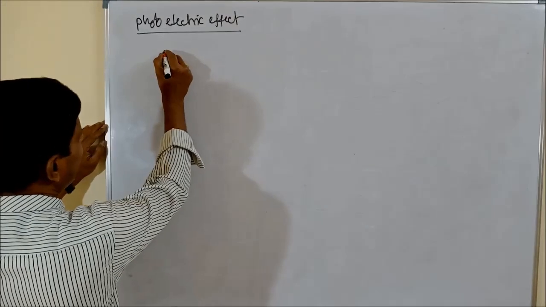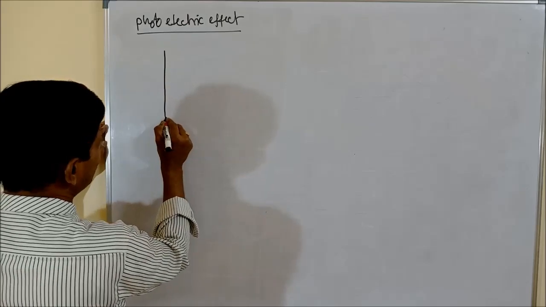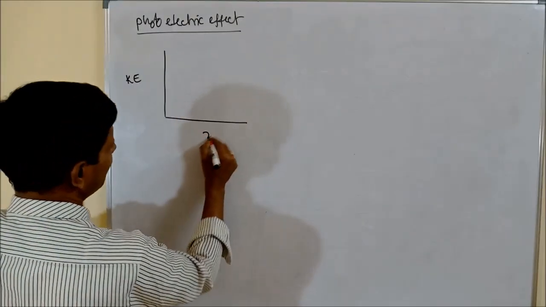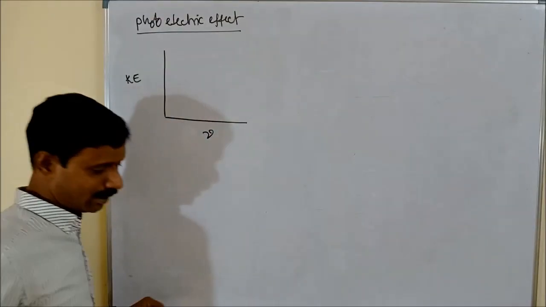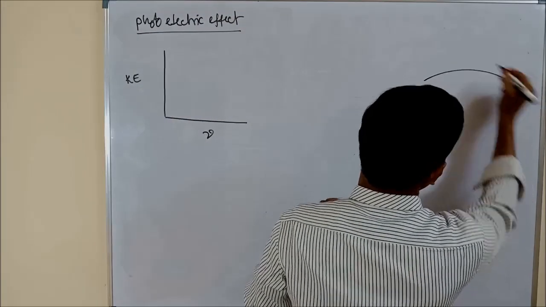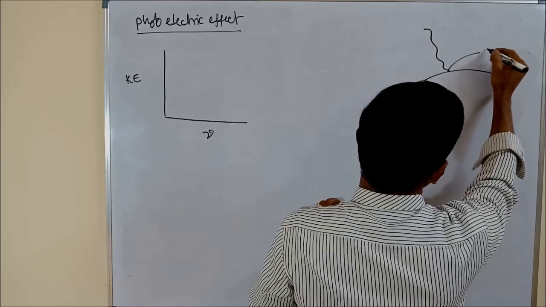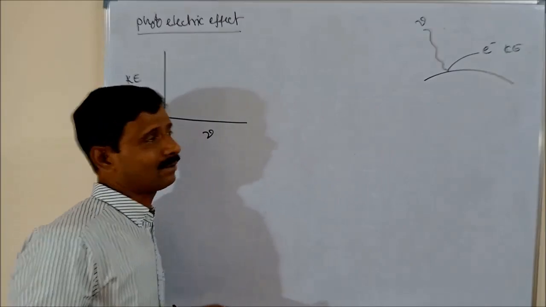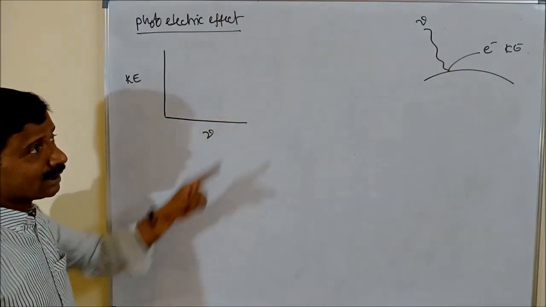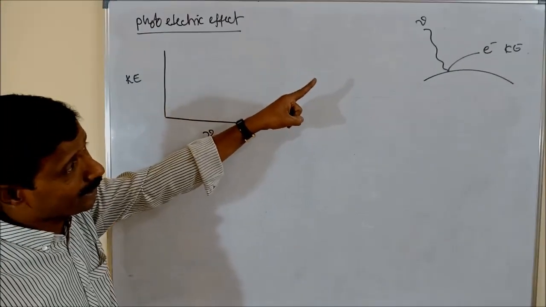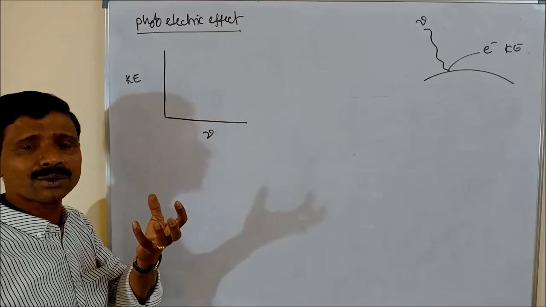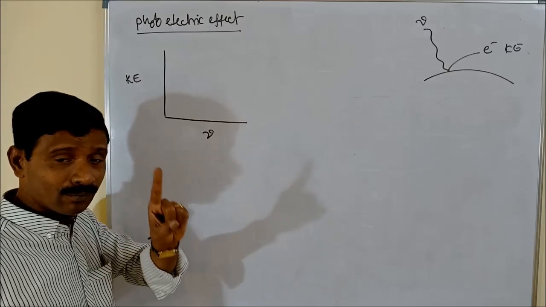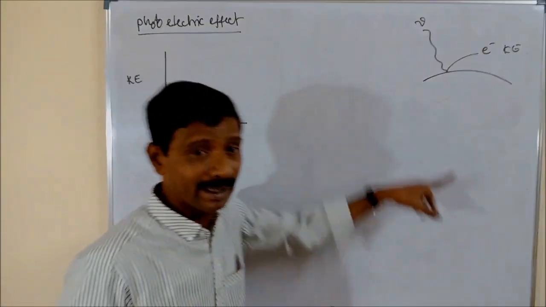First one, the relation between the kinetic energy and the frequency. This is kinetic energy and this is the frequency of the light we are using. And once again I will give the diagram. So this is the electron with the kinetic energy, and here we are using light of frequency nu. Now, if that frequency is going on increasing, since light is composed of photons, we are increasing the frequency of the photon. But one photon is responsible to eject one electron only.